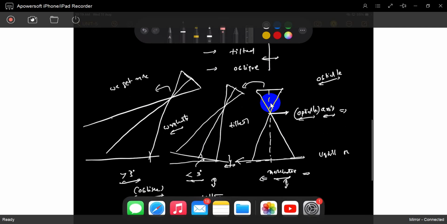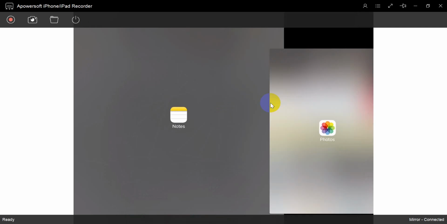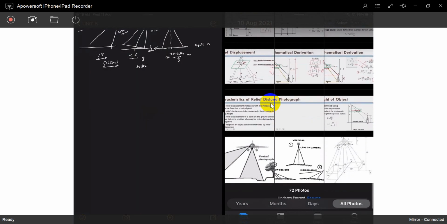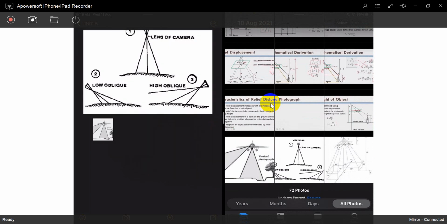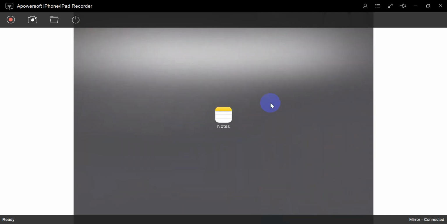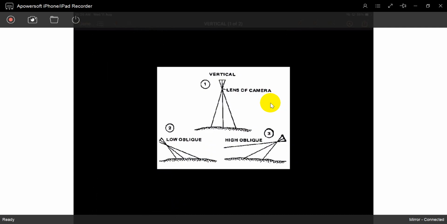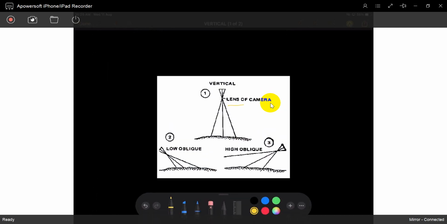So if you see the images, these are the lenses. The lens of the camera is called the optical lens.